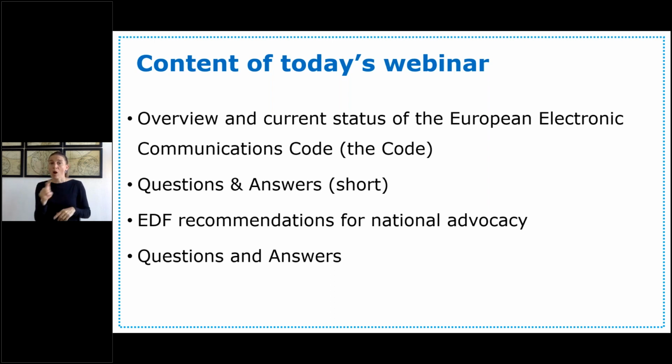And then, in the second part of the presentations, we will go into detail on the recommendations for national advocacy and what you can do on the national level. And then, in the end, there will be more time for questions and answers. If we receive more questions than we have time to answer, because we are limited to 1 hour, we will follow up with you by email and answer your questions afterwards.